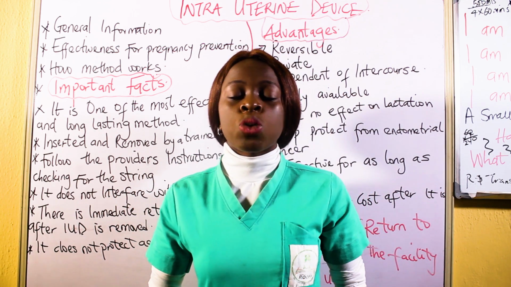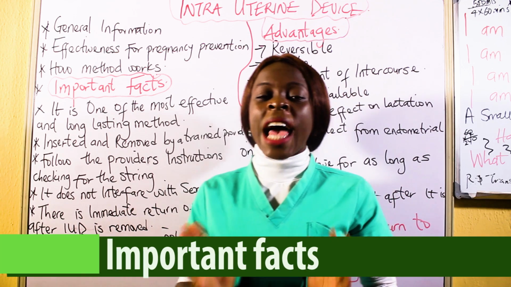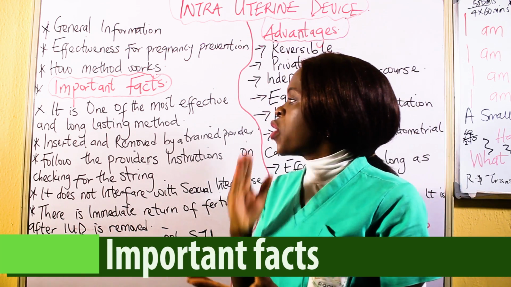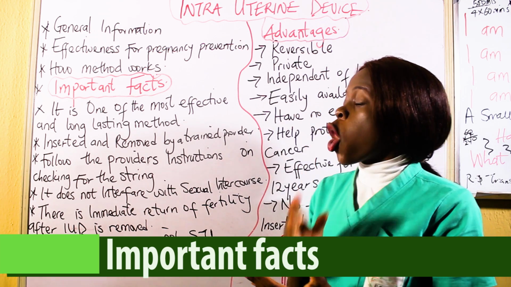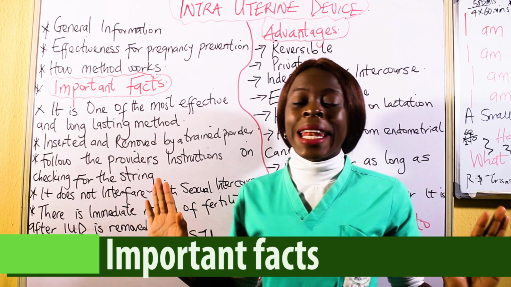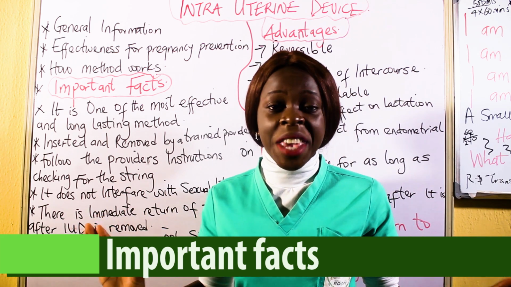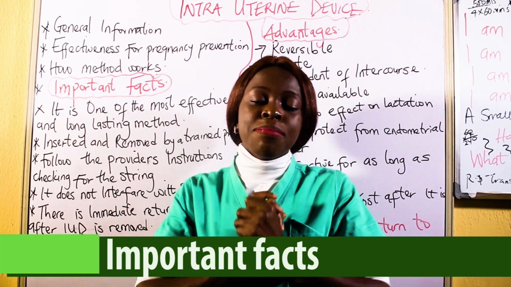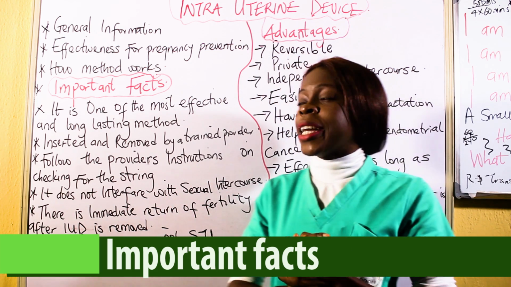Then that takes us to the important facts about IUD. The first one I have here is that it is one of the most effective and long-lasting methods. You will agree with me that this method is long-lasting. It lasts for 12 years. Wow! So it is an effective and long-lasting method of family planning.